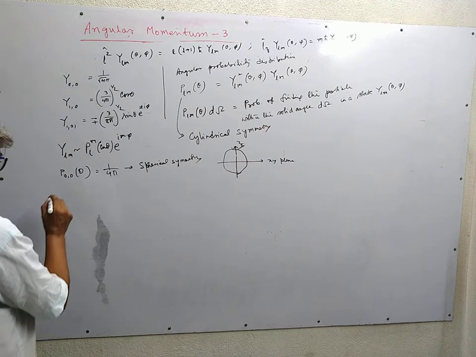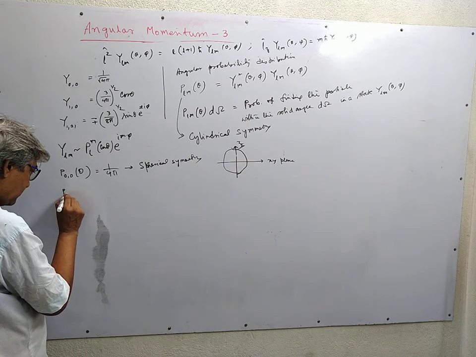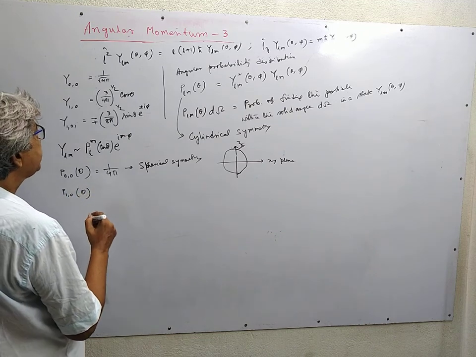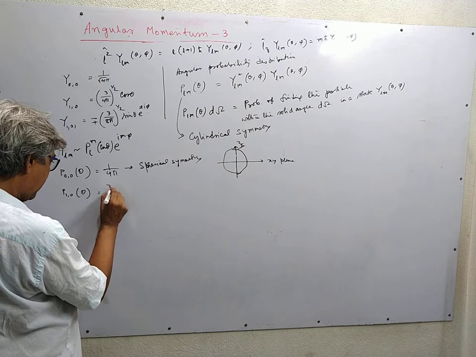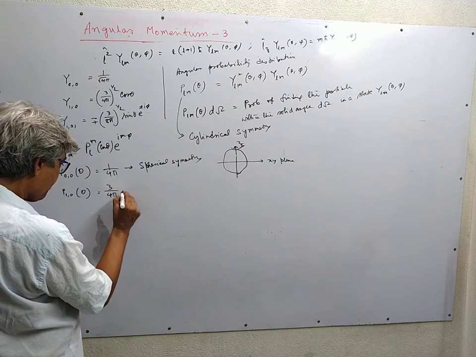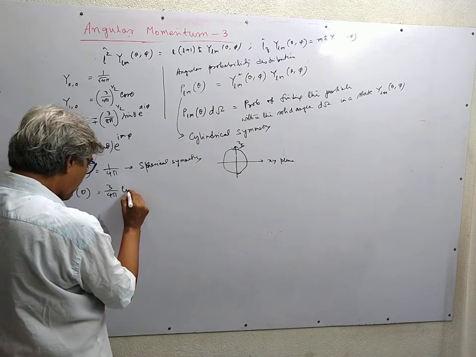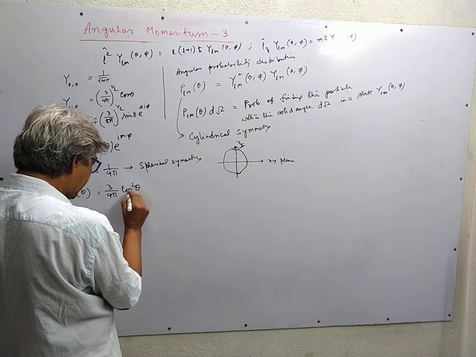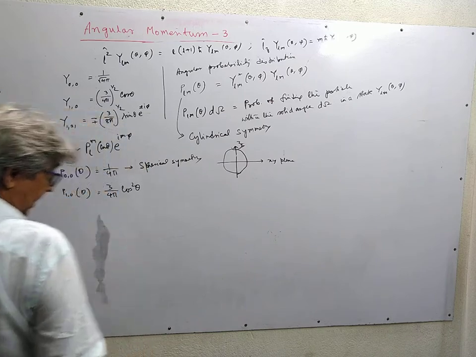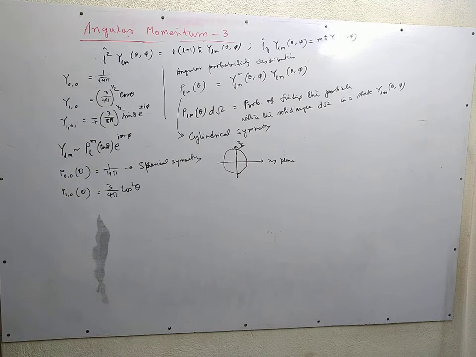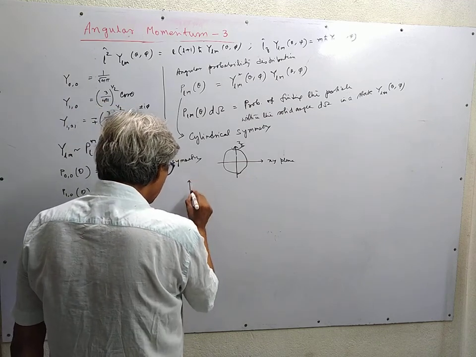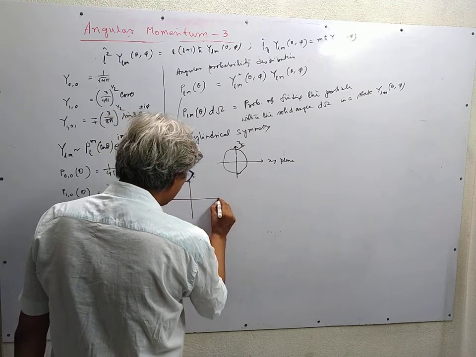Now we consider the P10 case. P10 of theta is 3 by 4 pi times cos square theta. Now what will be the polar graph of cos square theta as theta changes from 0 to pi? So this is again the z-axis and this is our xy plane.